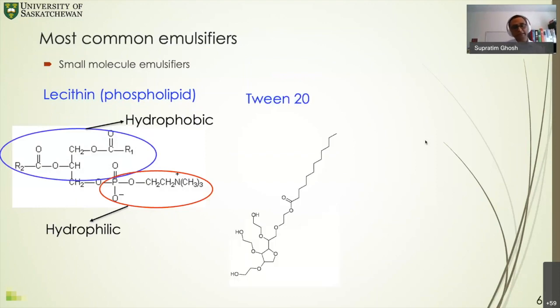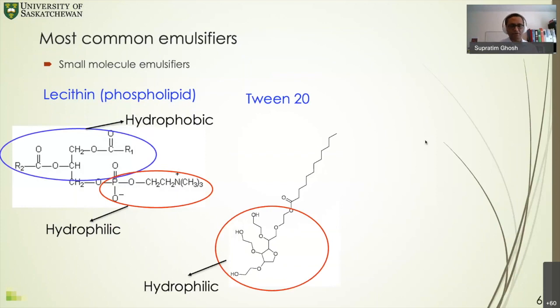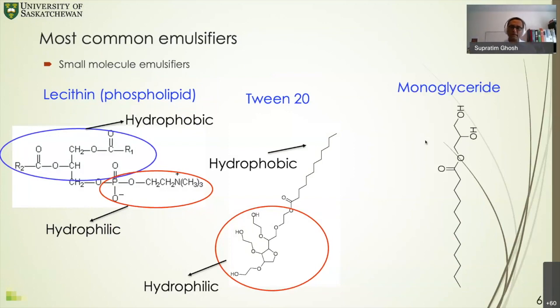Tween 20 is a synthetic emulsifier that has been used for a long time in food. Nowadays, with a lot of concern about using synthetic emulsifiers, probably they are used much less. It still has a hydrophilic part and a hydrophobic part, the fatty acid chain. And monoglycerides are oil-soluble emulsifiers, so they are mostly used for margarine manufacture.